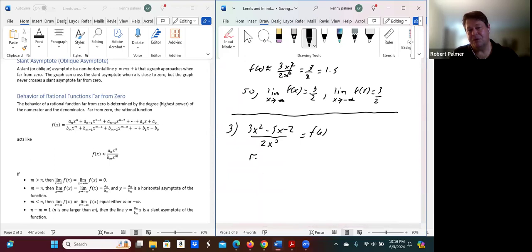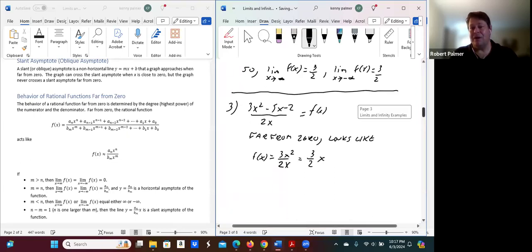Once again, far from 0, this looks like, if we just take the dominating terms, 3x² over 2x. Oops, I'm sorry, it should be x, 2x, sorry. If I cancel out the x's here, that's going to be 3 halves x.